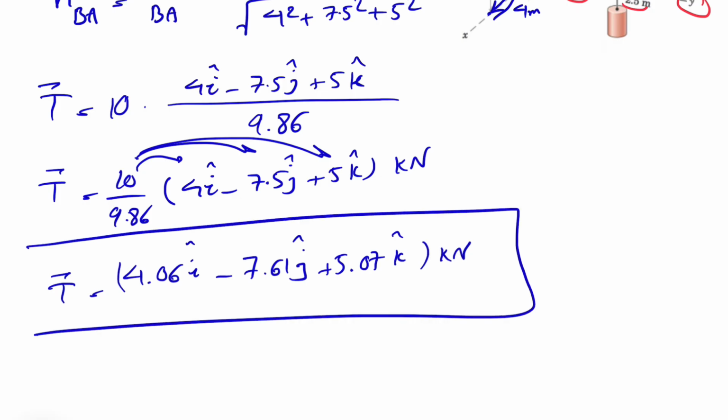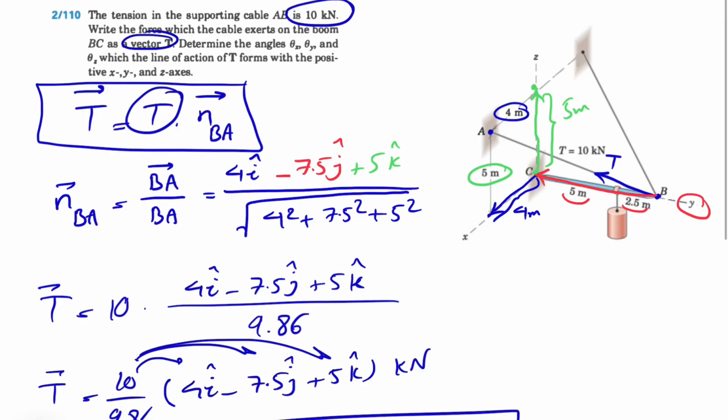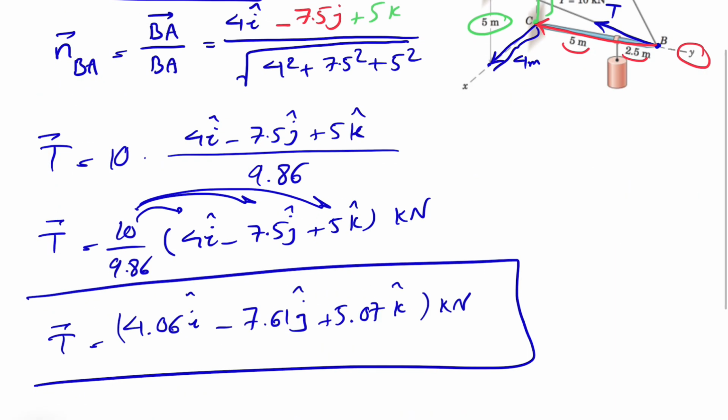So that's the answer for the part of the question where we needed to find the tension in the cable BC in vector format. So that's everything.